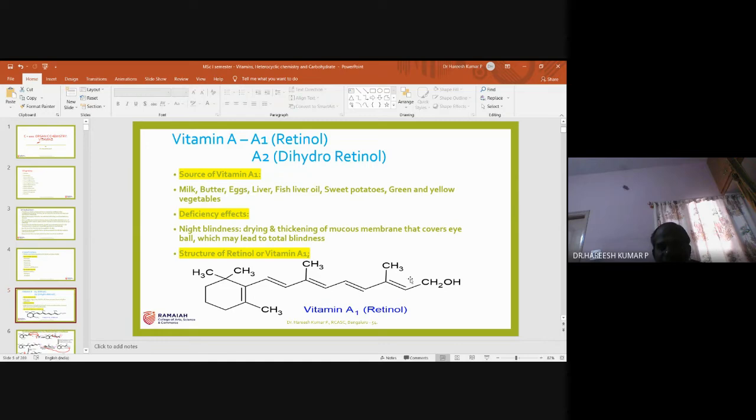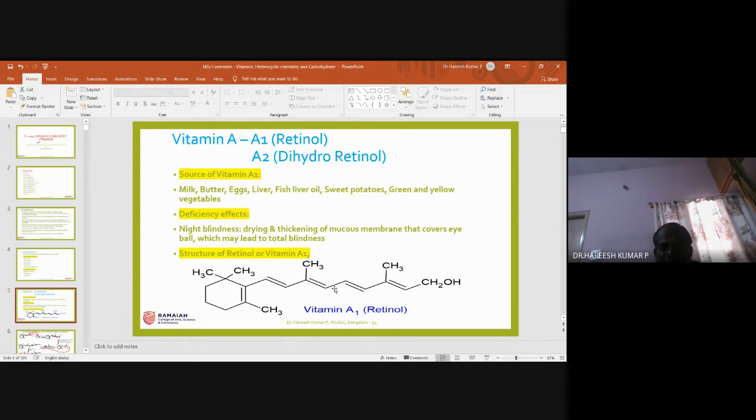What you can observe is a double bond here, this also a double bond, this also a double bond. All these are conjugated double bonds, and all these double bonds are trans, not the cis one.